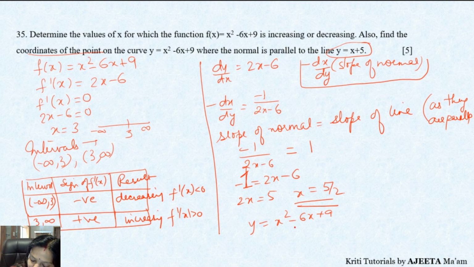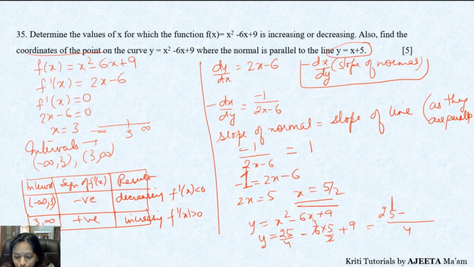Now let's move on to it. Now 5 by 2 whole square, I'm writing it 25 by 4, minus 6 into 5 by 2 plus 9. Let's take the LCM: 25 minus 6 into 5, 15 into 4, 60 plus 36.